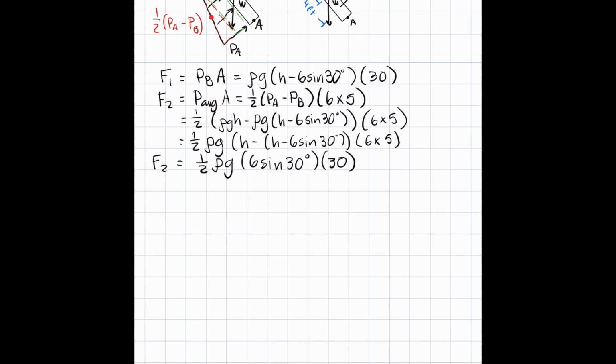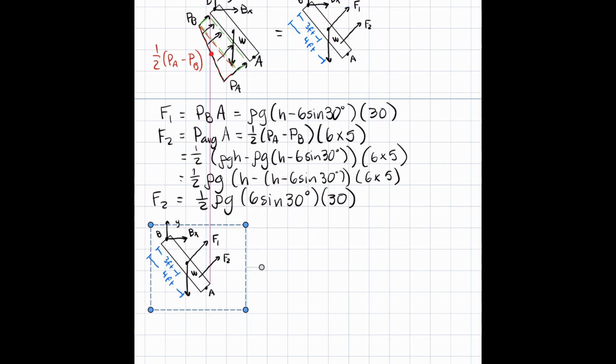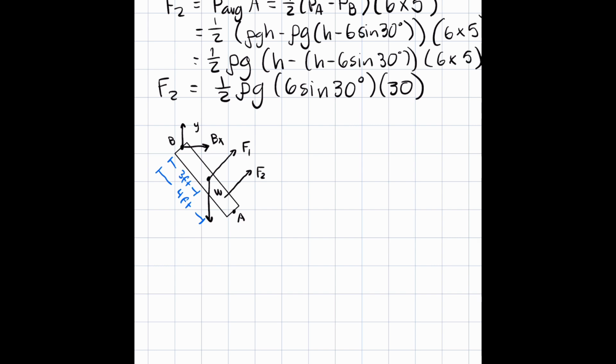All right, so now that we have these final force values, we're going to make our moment diagram, or moment balance equation, about the gate. So I'm going to copy this free body diagram over so that we can use it while building our moment equation. As you can see, we already have pretty much all of the lengths present in the problem.